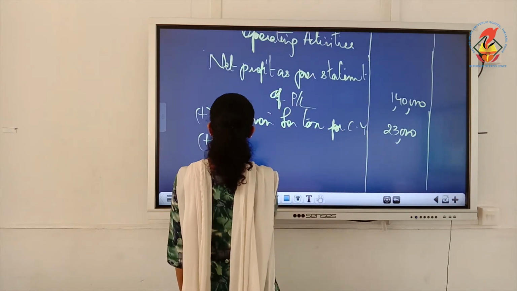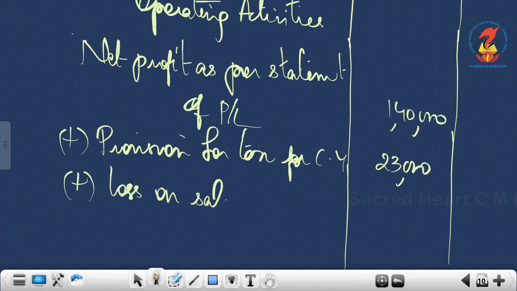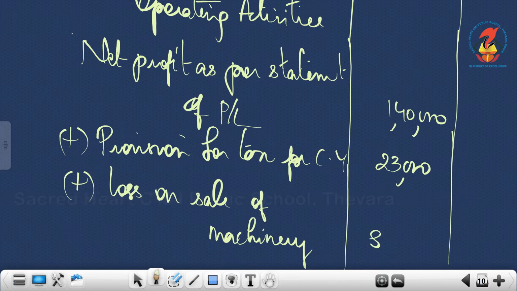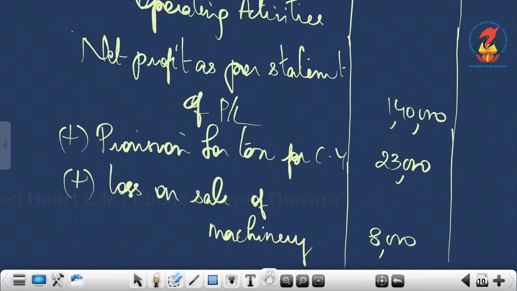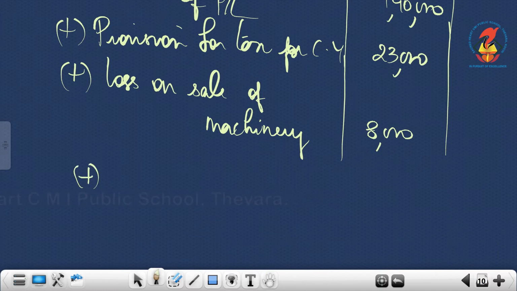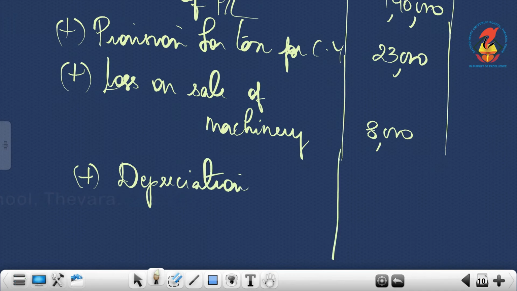So add loss on sale of machinery. The loss amount, just take it from that ledger account, that loss is 8,000. Then we have depreciation to be added back. Depreciation is 90,000.